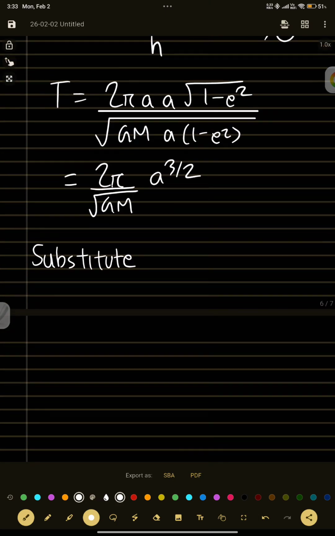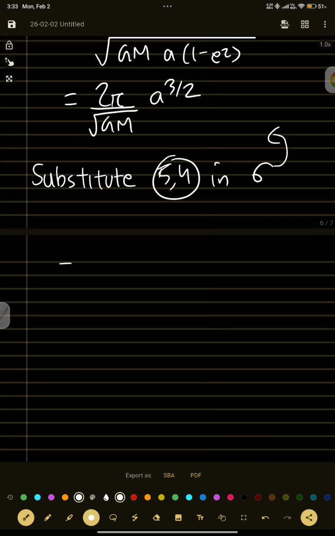So from here you get P square equal to 4 pi square over GM a cube. So this is Kepler's third law.